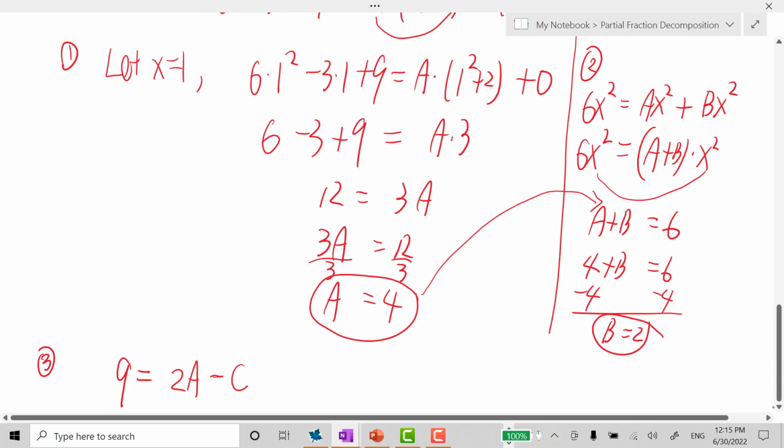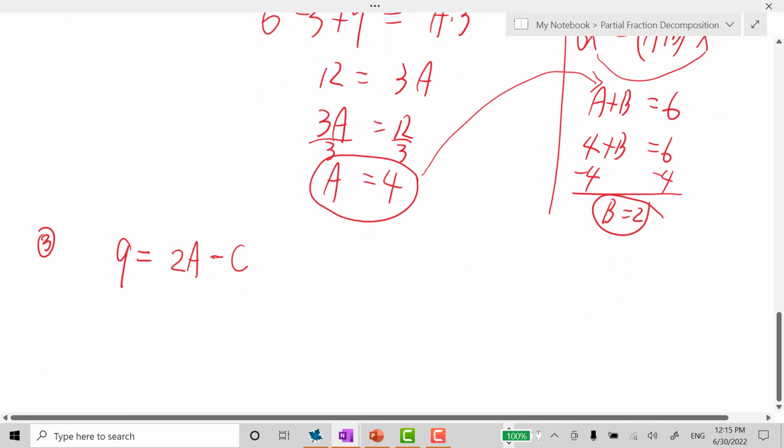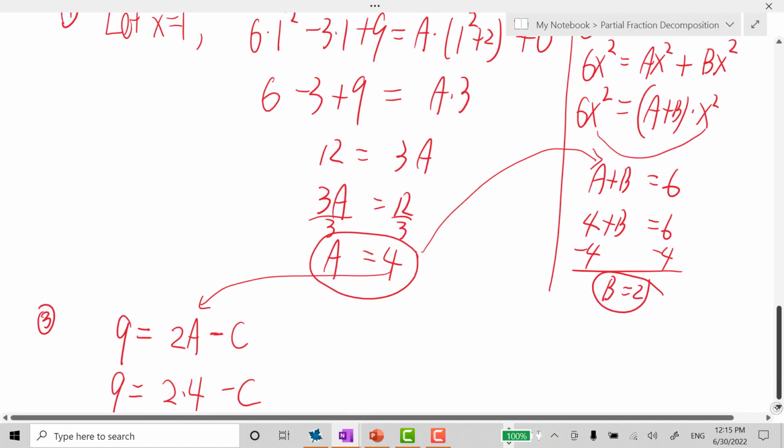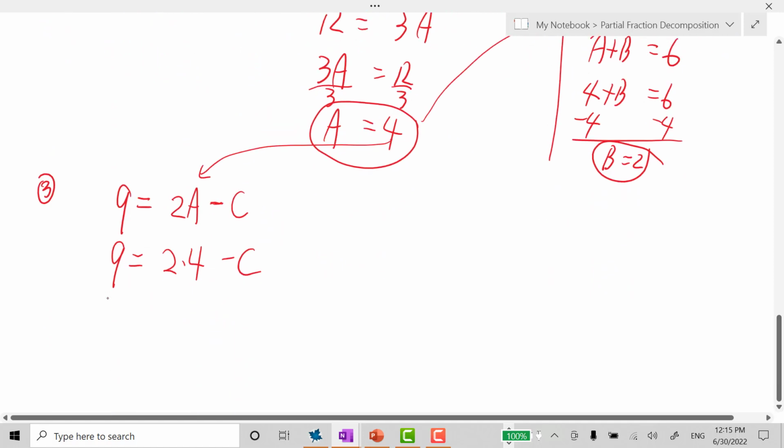So we plug in the 4 here. 9 equals 2 times 4. So that means 9 equals 8 minus c.